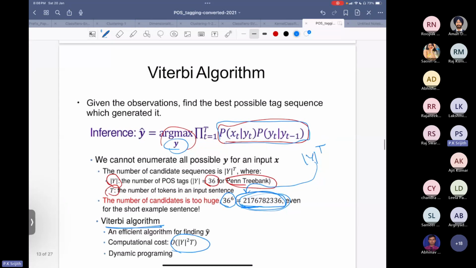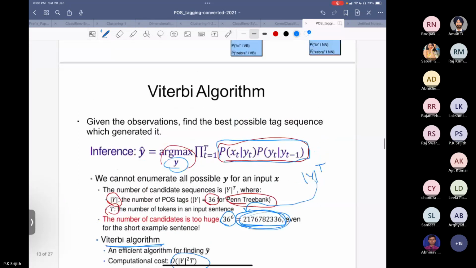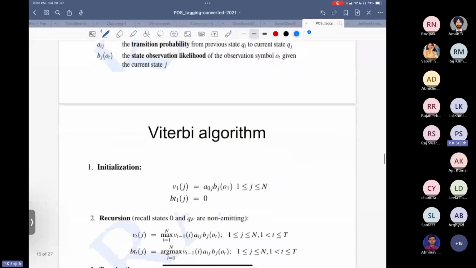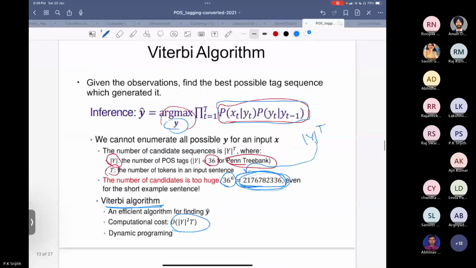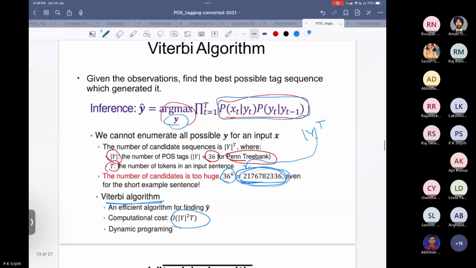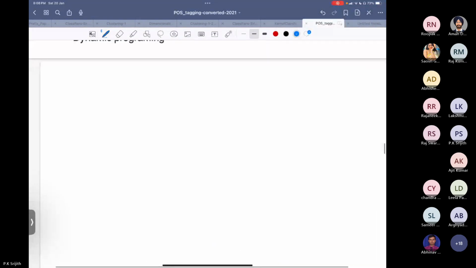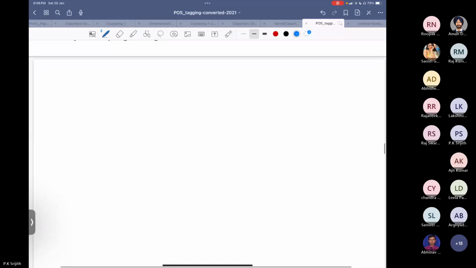So let me do one thing. Before getting into this, let me just write this down. So this is what we want to do, right? Let us assume that our sentence length is 3.